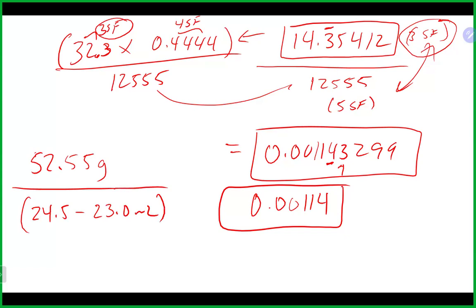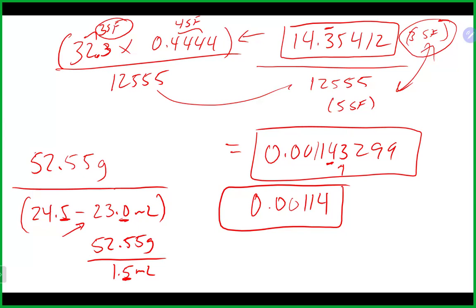Again, we would do the subtraction first, because it's in parentheses. So we would have 52.55 grams. We'd do our little subtraction there, 24.5 minus 23 gives us 1.5 milliliters. That 1.5 milliliters should go to 1 decimal place, as these were 1 decimal place, and we're subtracting.